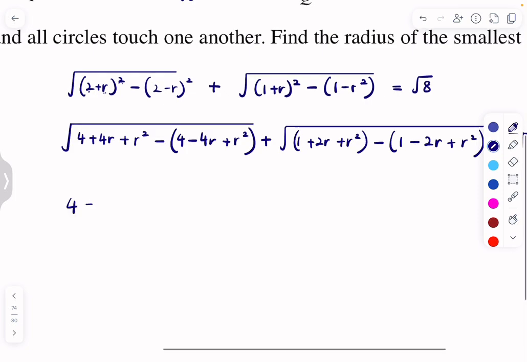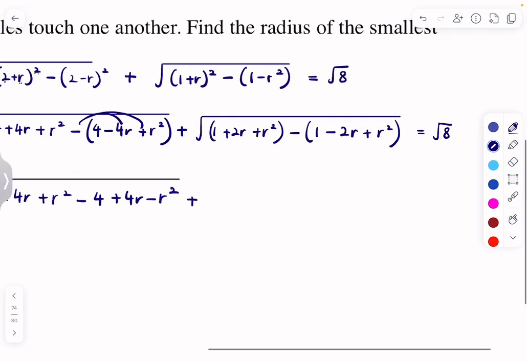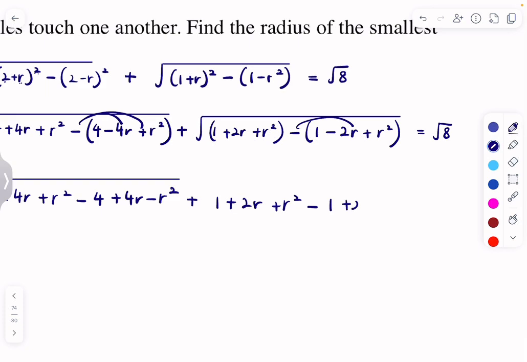So 4 plus 4r plus r squared minus 4 plus 4r minus r squared, the whole thing is square root. Then here 1 plus 2r plus r squared minus 1 plus 2r minus r squared, this whole thing also square root, is square root of 8.